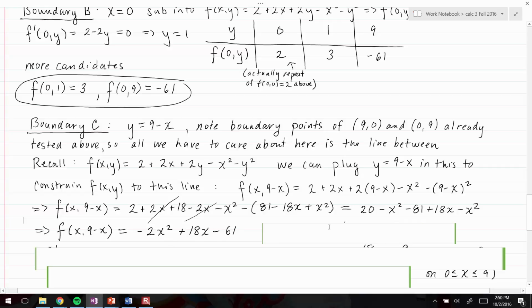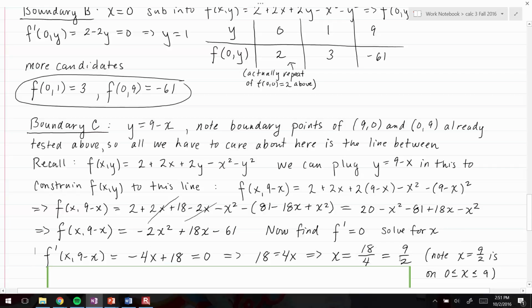So from here, what do you do? Just like we did for boundary A and boundary B, we're trying to find the critical values, just like in Calc 1. So take the derivative with respect to x, set it equal to 0, and you obtain x equals 9/2.